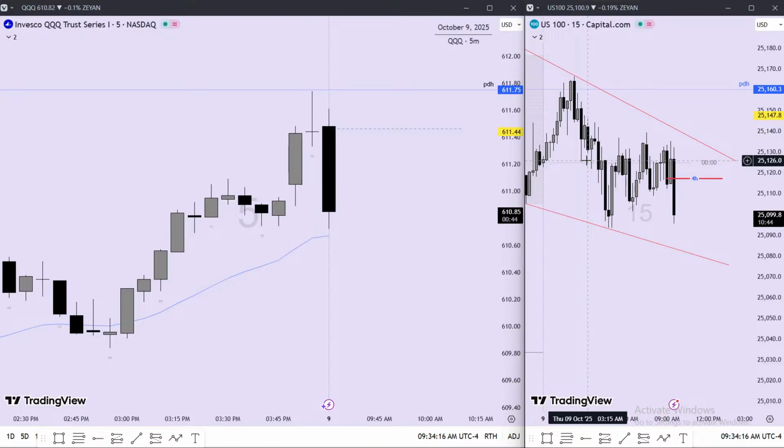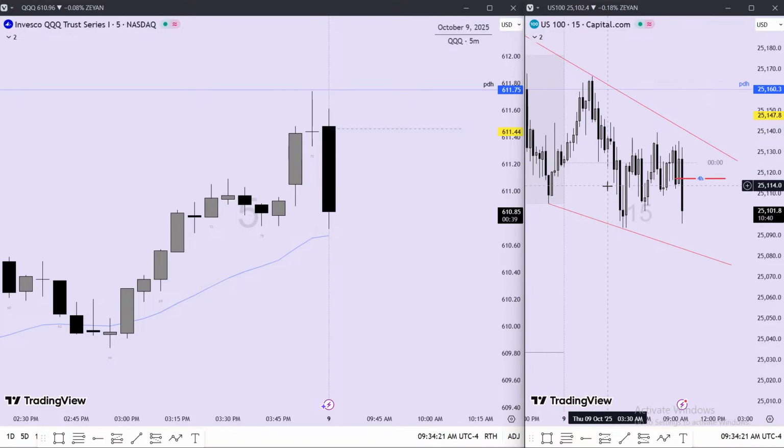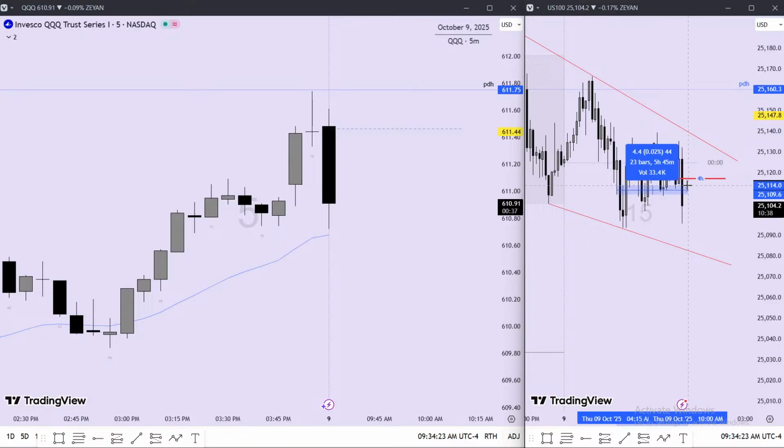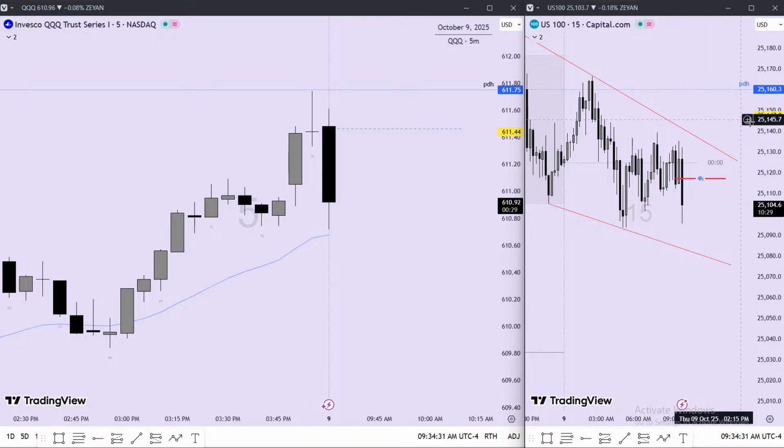On the 15 minutes, this market is in a ranging market. It has been for the last 5 hours. So as long as we are within this range, it's better to stay out of trades.